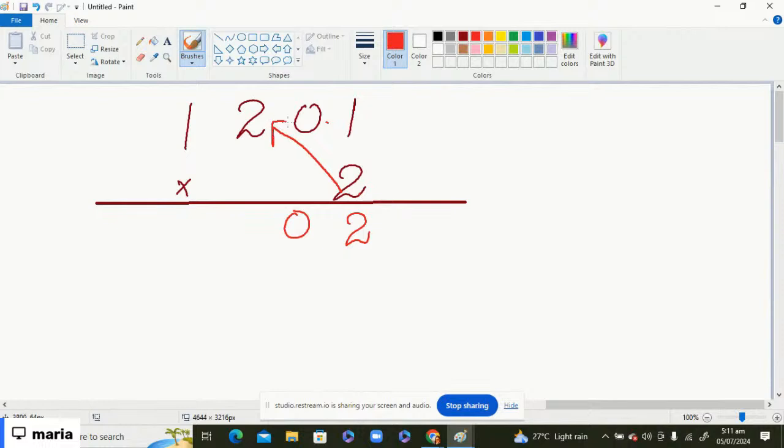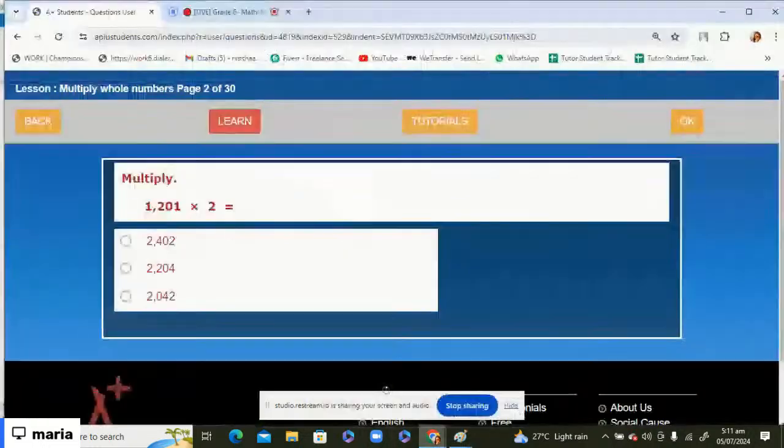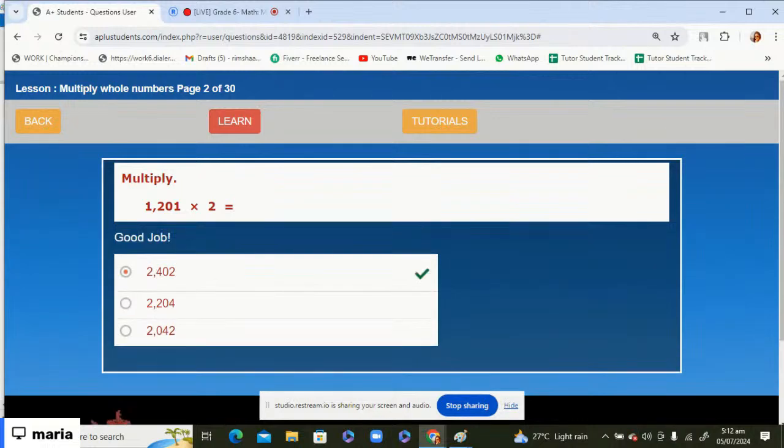Now this 2 with that 2, 2 times 2 is 4. Now this 2 with that 1, 2 times 1 is 2. Okay, so 2402. Check. I guess this is the answer. Yes.